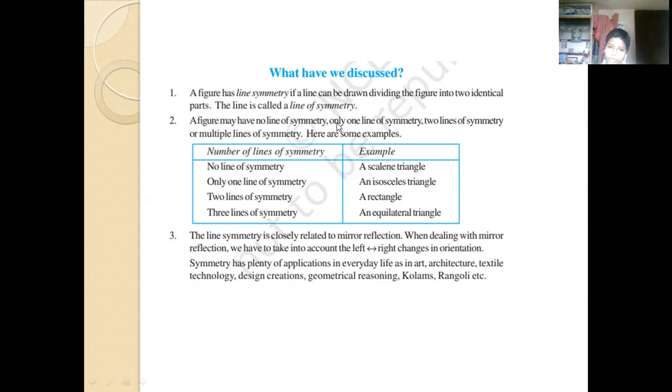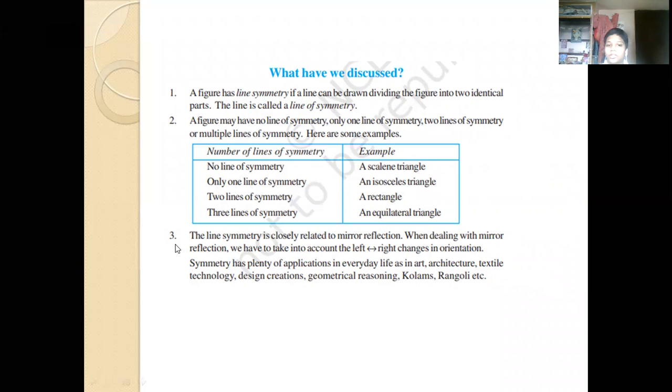A figure may have no line of symmetry, only one, two, or multiple lines of symmetry. Here are some examples. No line of symmetry, scalene; one line, isosceles; two lines, rectangle; three lines, equilateral; four lines, square; five lines, regular pentagon; six lines, regular hexagon.